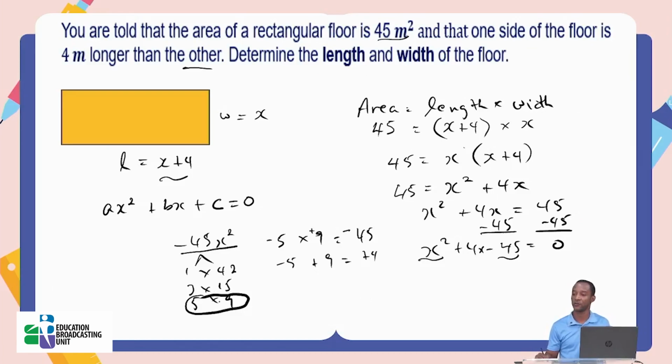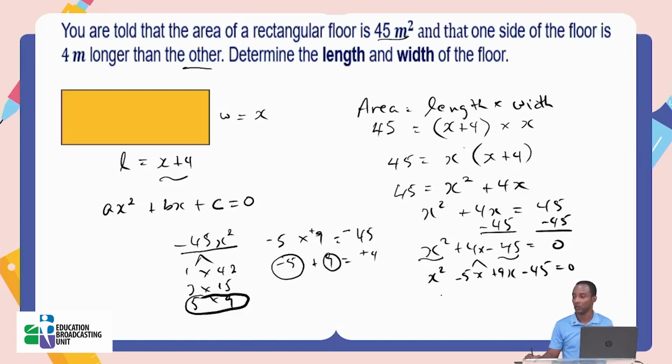So these are the two that we're looking for, negative 5 and positive 9. When multiplied, they give us negative 45, and when added, give us positive 4. So what we're going to do is split the middle term into two parts, negative 5x and positive 9x. Then write back the last term, which is negative 45, equal to 0.